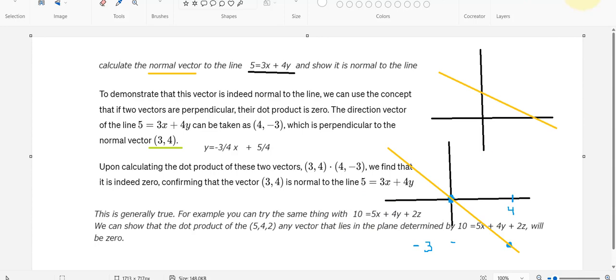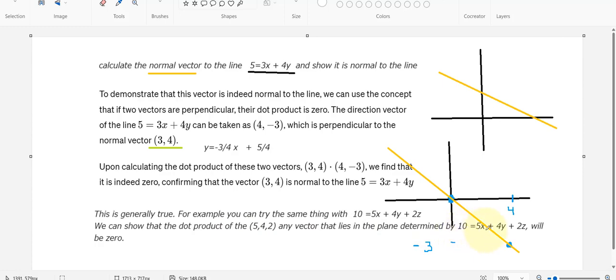What does that mean, normal to the plane? Well, that's not exactly clear, but it's intuitively clear, right? We can imagine a vector which is perpendicular to the plane. But another way to think of that is that this 5, 4, 2, which comes from here, is perpendicular to any vector that lies in the plane.